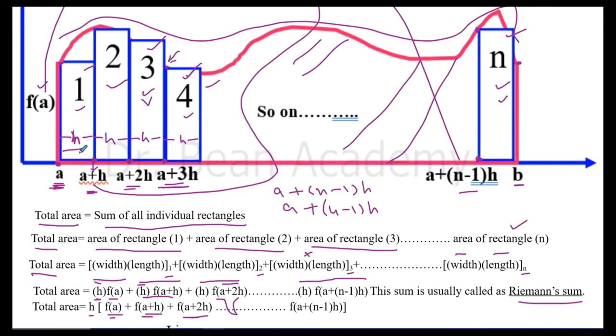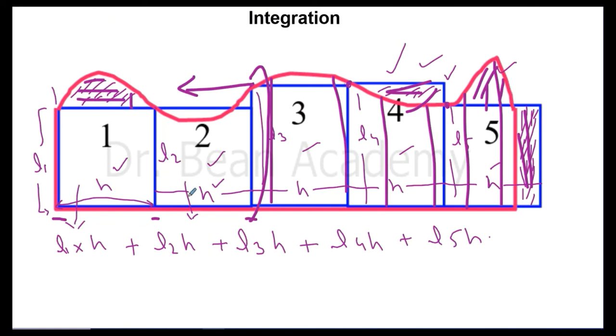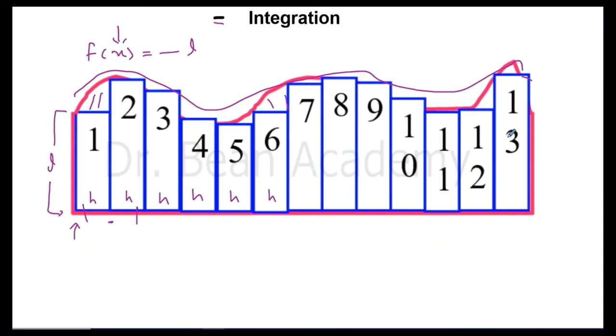If you remember from the initial slide, here the number of rectangles is only 5. So you see this width is too much. And then I chose the number of rectangles maybe 13, so you see the width h is decreasing.